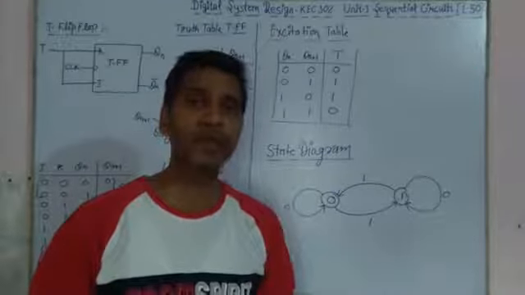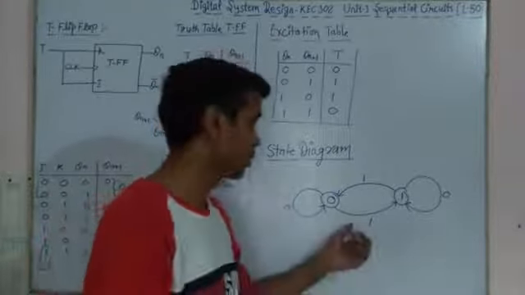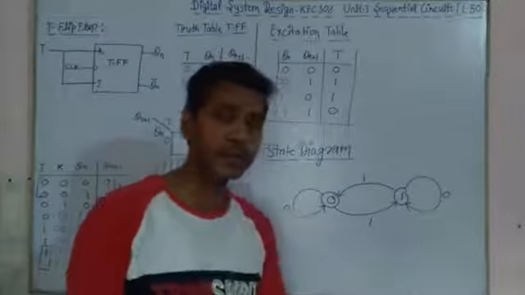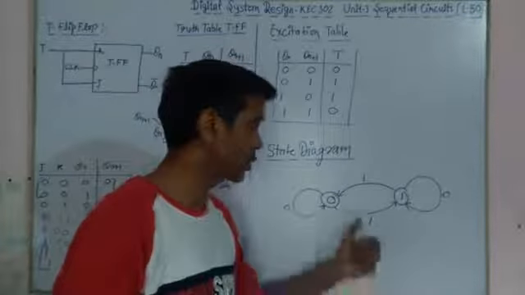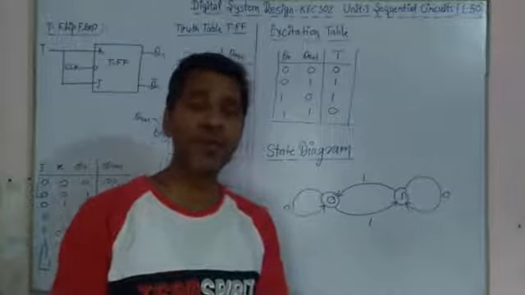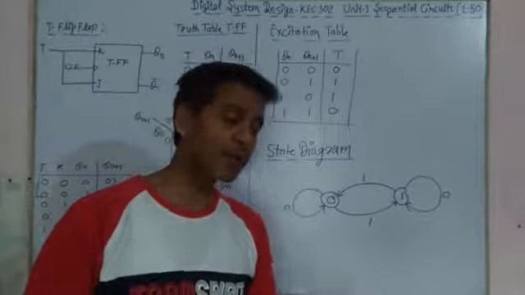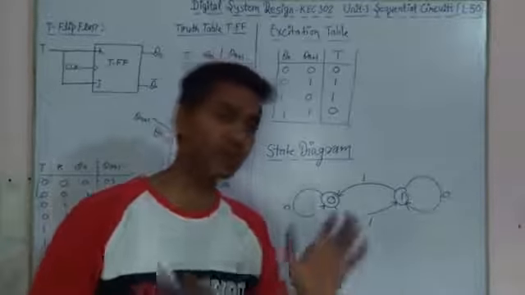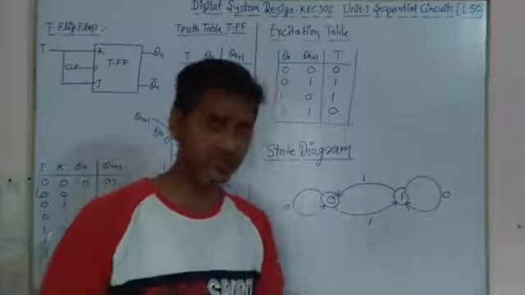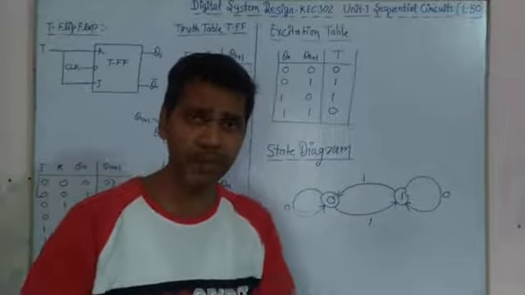In your examination, maybe you will get a question with the state diagram. At that time, you will need to find out the truth table. Whatever you want to find out, whatever you want to design, before anything, you must have the truth table.